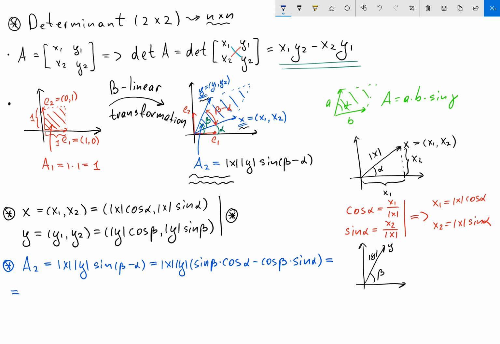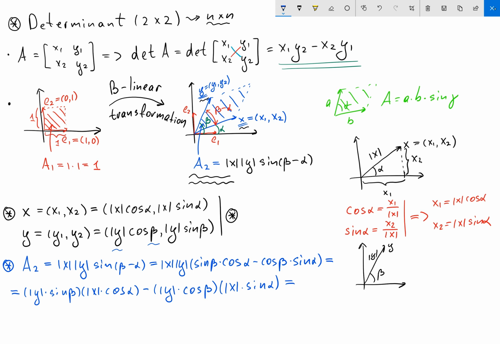Then I want to regroup my terms. When I have beta, I want to group it with y. So I will get absolute value of y times sine beta and absolute value of x times cosine alpha, minus absolute value of y times cosine beta and absolute value of x times sine alpha.